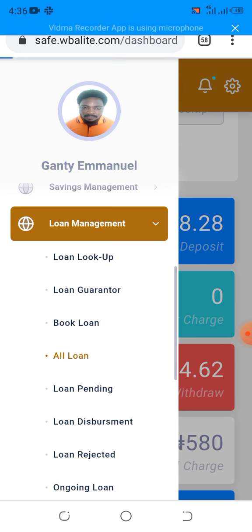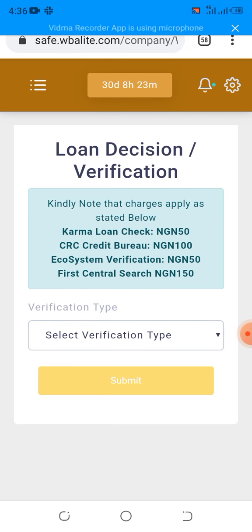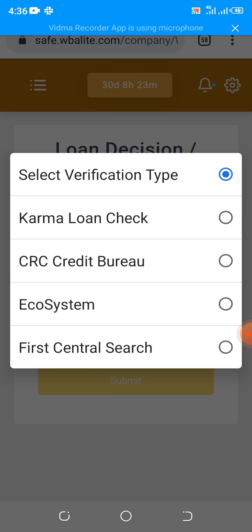Today, we have incorporated and brought to your doorstep different databases which you can look up at an affordable rate. As of today, you're able to check the Karma database to understand if this person has borrowed money, is already on loan, has defaulted, and so on.